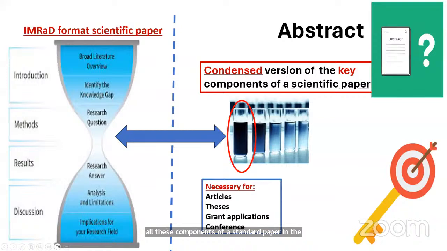And an abstract will be part of a paper, whether it is a thesis or dissertation, a grant application, or a conference application, or conference proceedings, are places that we find the abstract. So the abstract is a condensed version of the key components of a scientific paper.